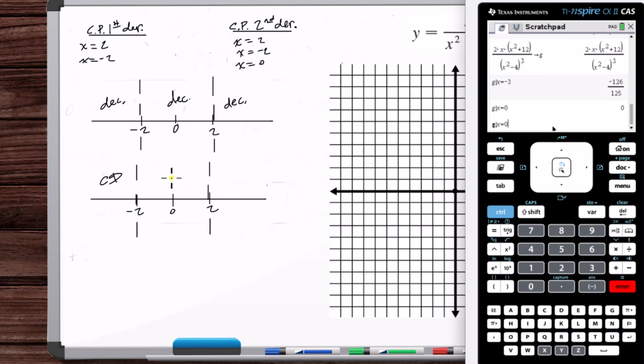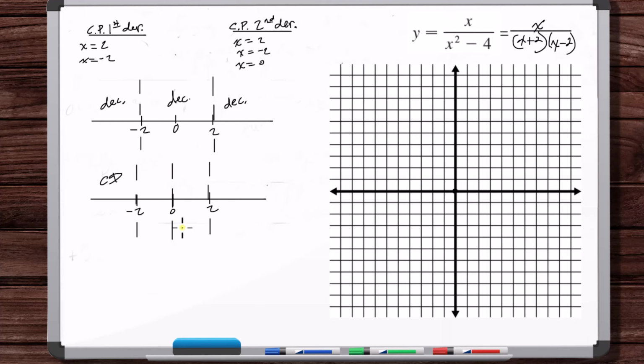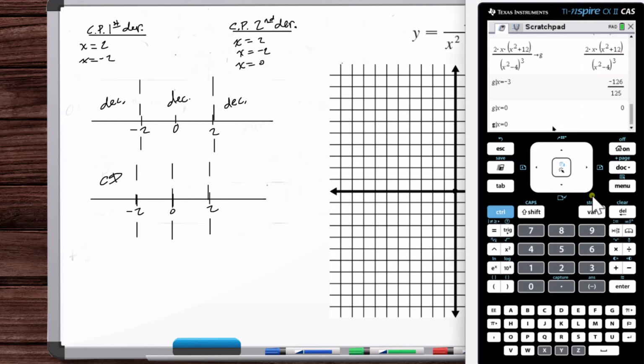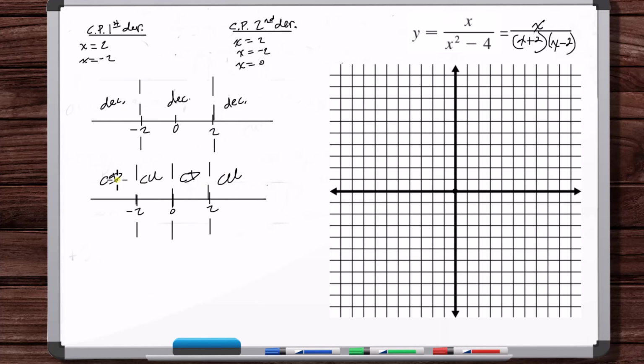Oh, no. Yeah, because this is another point that was a second critical point. So we need to say, so minus 1. So it's concave up in this region. Concave down in this region. And concave up in this region. So these are all inflection points. Minus 2, 0, and 2 are inflection points. And there's no local maxes or mins.